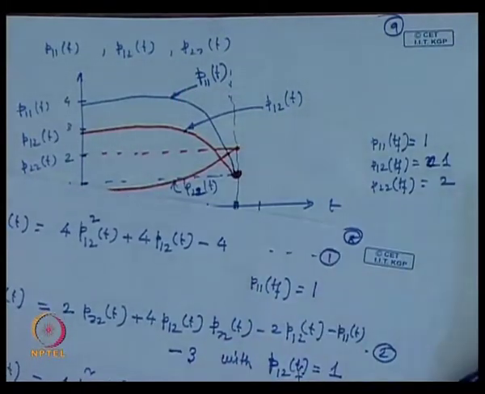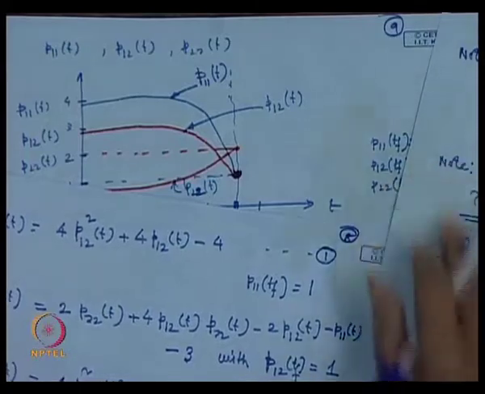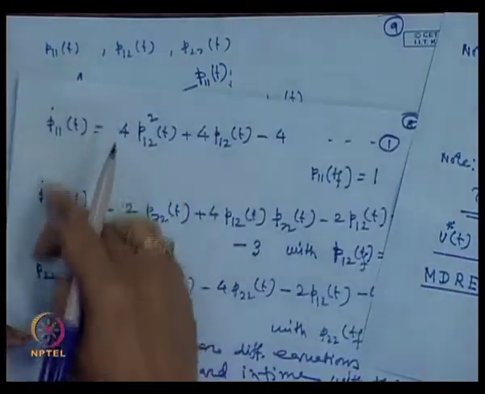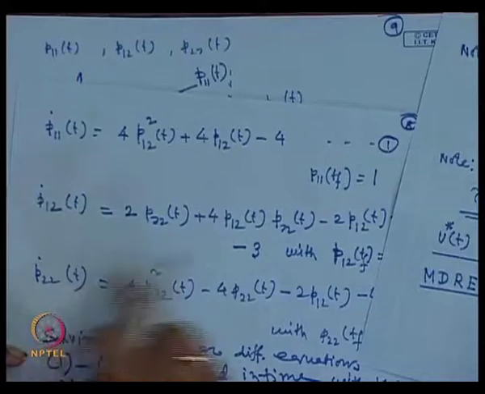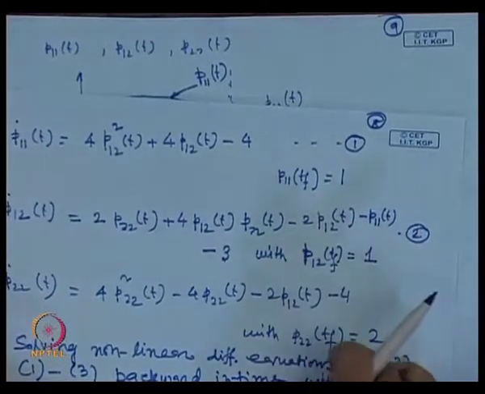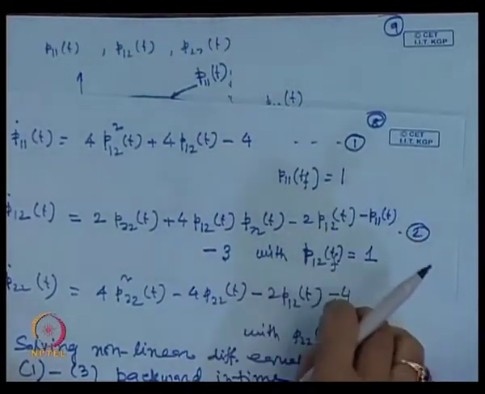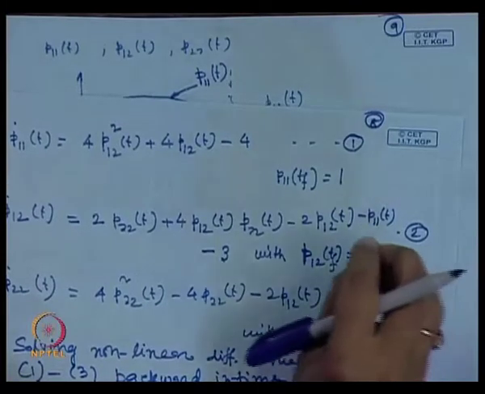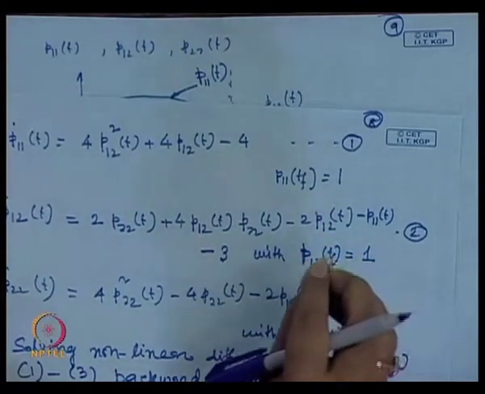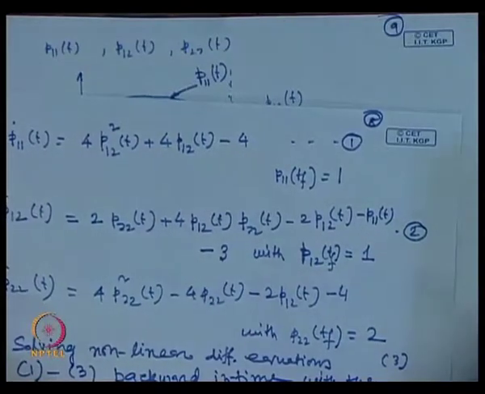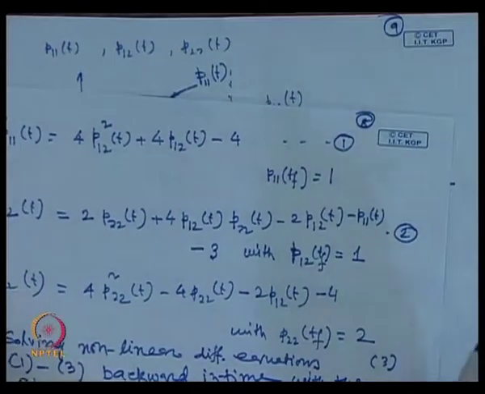So I have given you the exercise to solve for P 11, P 12, P 22 using the final terminal condition and a numerical method, say the Runge-Kutta fourth order method, or the simplest way, the Euler's method if the sample step size is very small, for solution of these three differential equations.